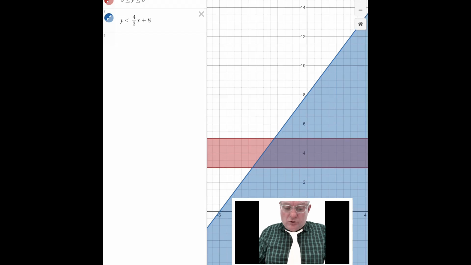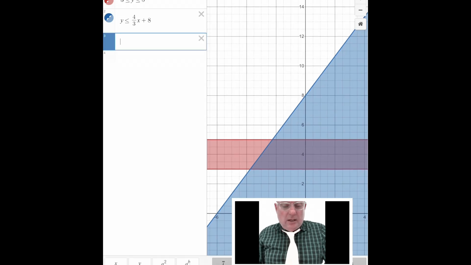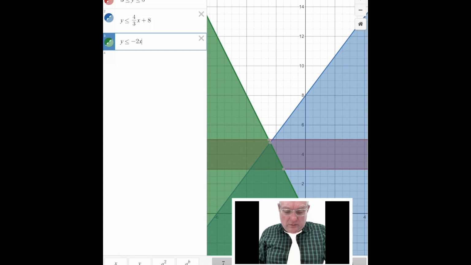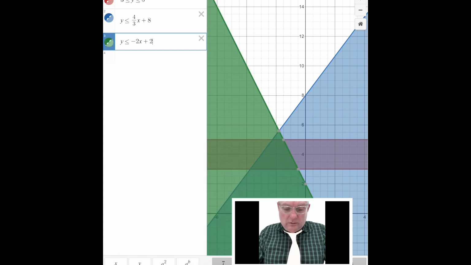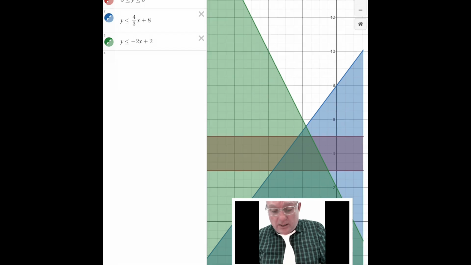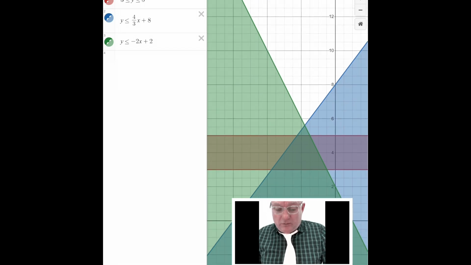And I can move and drag this around. And then my last one was y less than or equal to -2x plus 2. And so I can see I did get a triangular region. Actually, no, it's not a triangular region. I wasn't very accurate with it, it's a trapezoid.